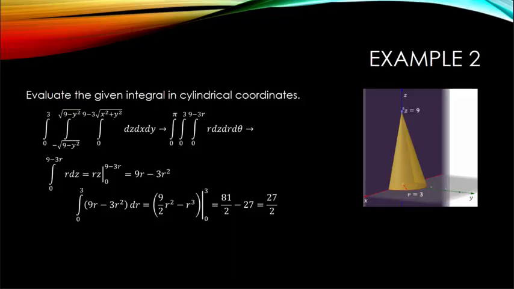I get 81 halves minus 27, which gives me 27 over 2. Now I plug that into my outer integral, and I get the integral from 0 to pi of 27 halves d theta. This gives me 27 halves theta evaluated from 0 to pi, or 27 pi over 2.